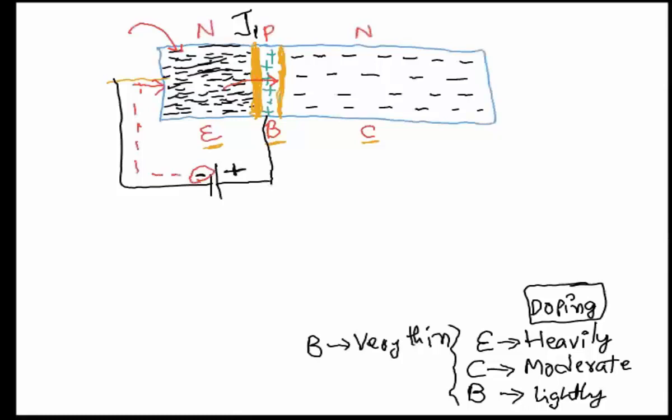Some of these electrons, and this is the reason why the base should be very thin. Again, remember the main intention of the operation of a transistor is to carry the electrons in the emitter all the way to the collector.